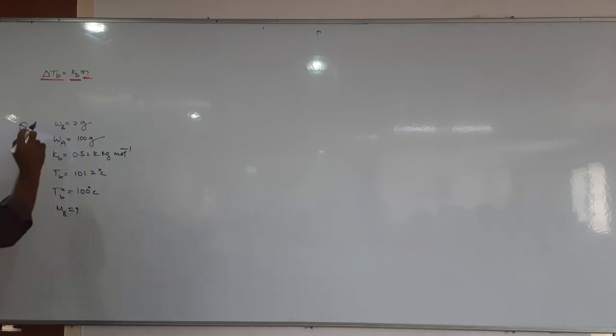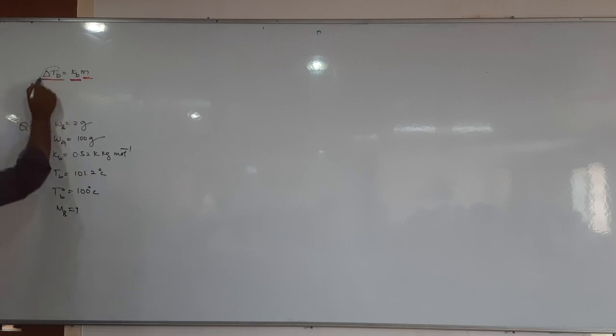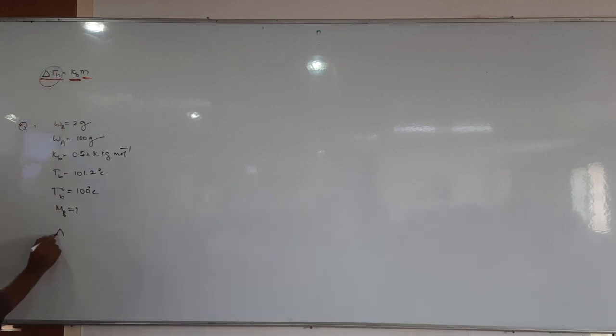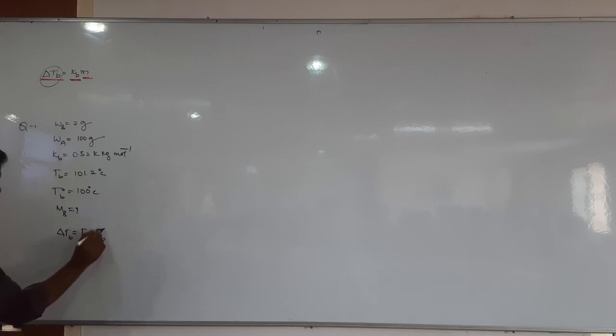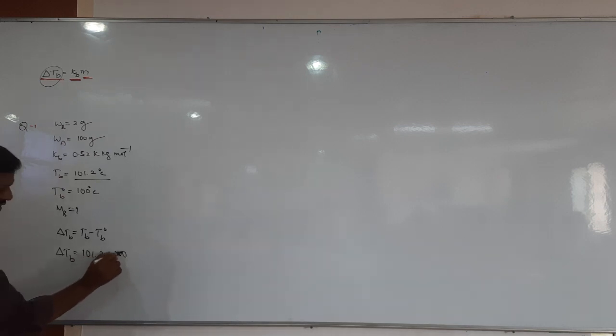So therefore, first calculate delta TB. Delta TB is equal to TB minus T naught B. TB value given is 101.2 minus 100 degrees Celsius.